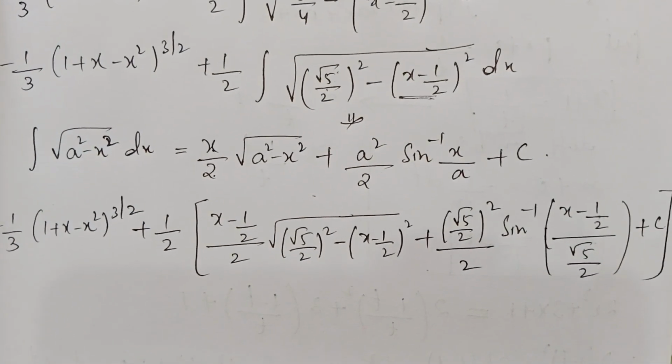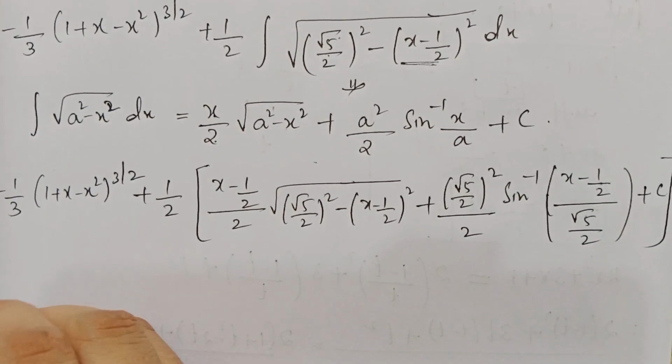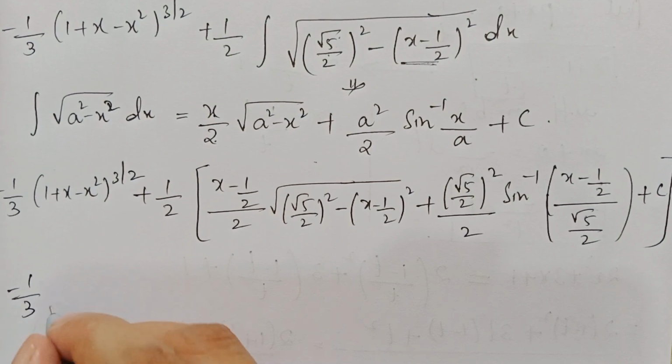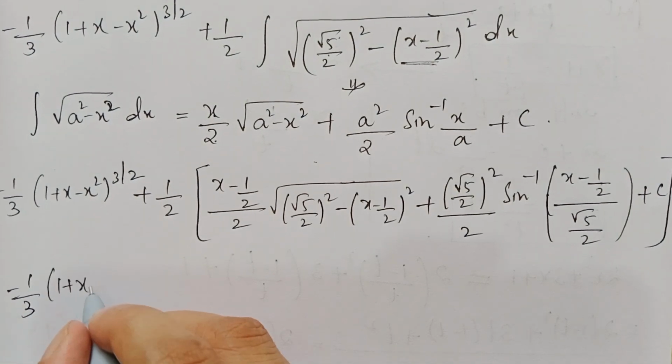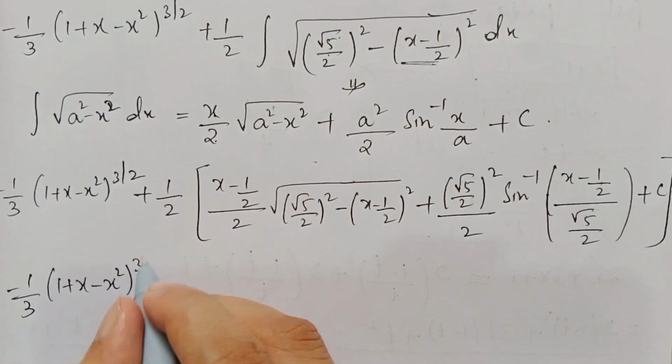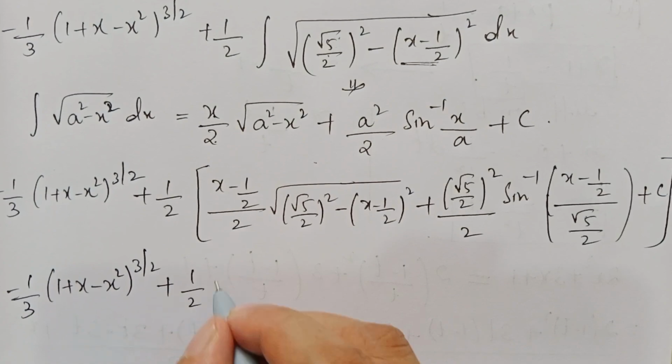So this is equal to minus 1 by 3 into 1 plus x minus x square whole power 3 by 2, plus 1 by 2.